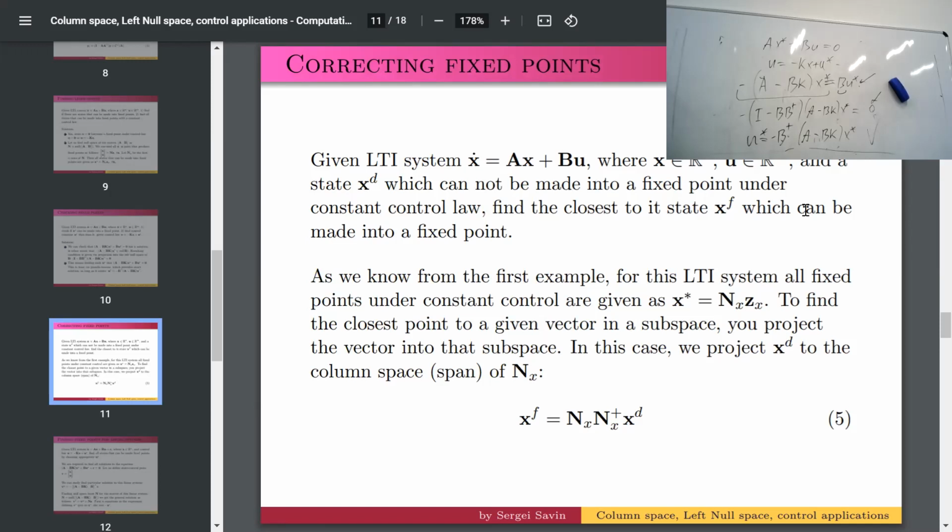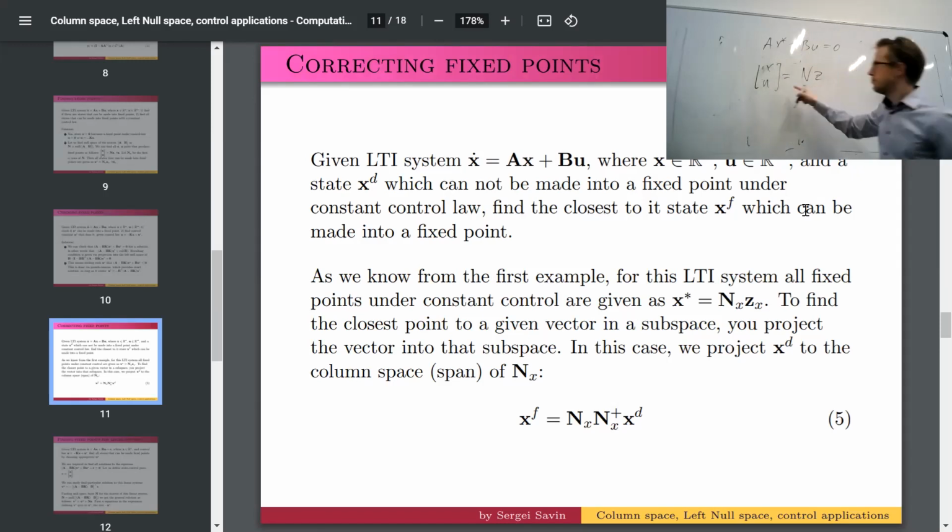How do you do it? Well, a very simple argument is as follows. Remember from the previous first example that we had, we said that all fixed points can be expressed as xu equal to n times z for the system. We just found it in the first example.